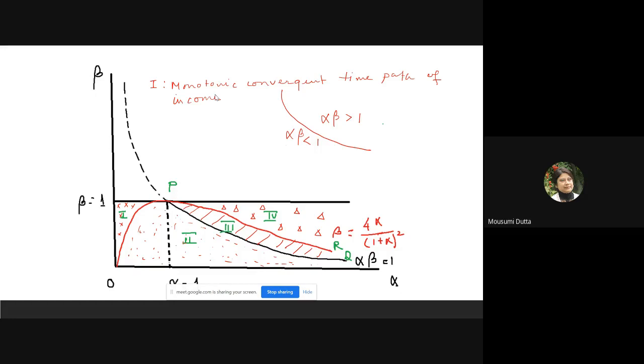So in zone 1, we will have a monotonic convergent time path of income. Okay.